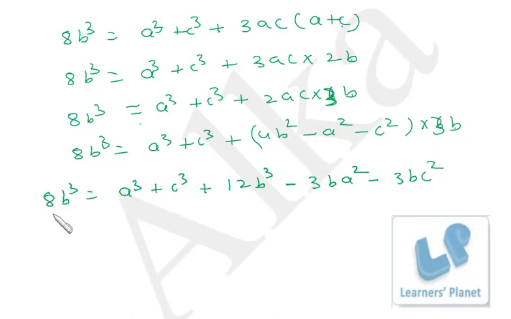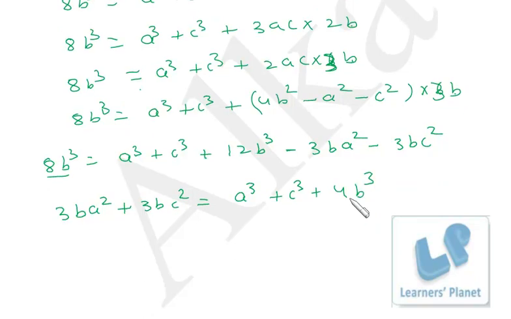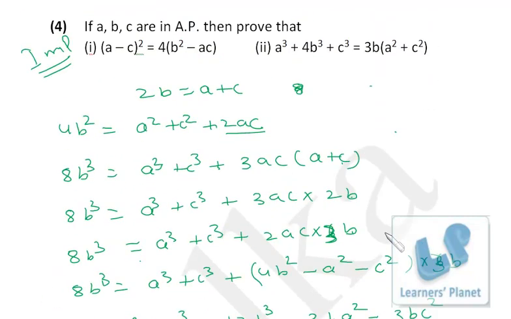Now I take 8B cube this side and these terms this side. So 3BA square plus 3BC square is equal to A cube plus C cube, and 12B cube minus 8B cube will be 4B cube. Here I take 3B common, so I get 3B times A square plus C square is equal to A cube plus C cube plus 4B cube. That only we had to prove.